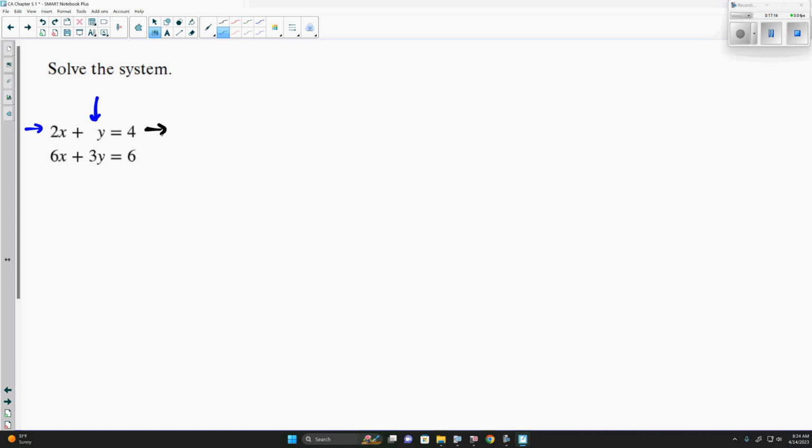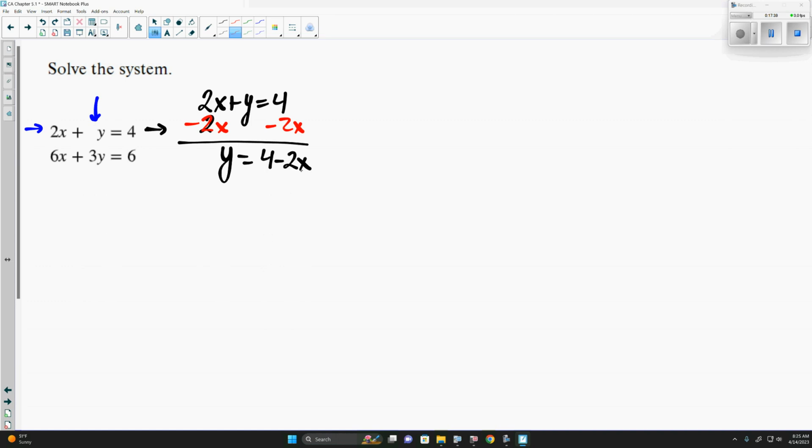Because what I could do is take minus 2x from both sides, telling me y is equal to 4 minus 2x. We could have just as easily got the x's to be the same or the y's to be the same and gone from there.